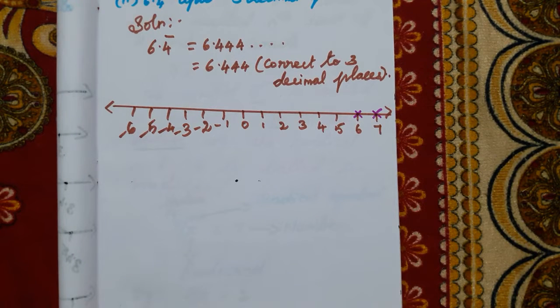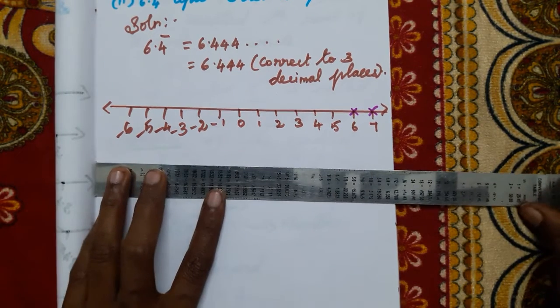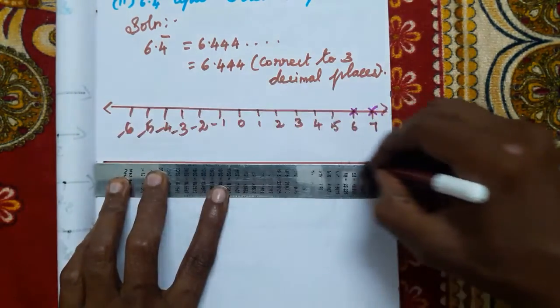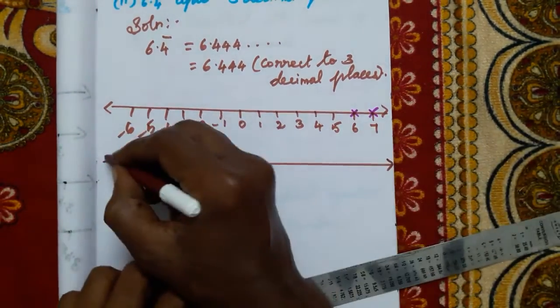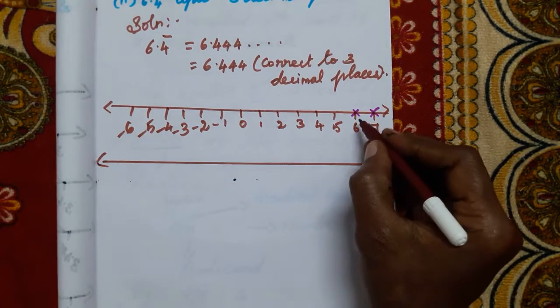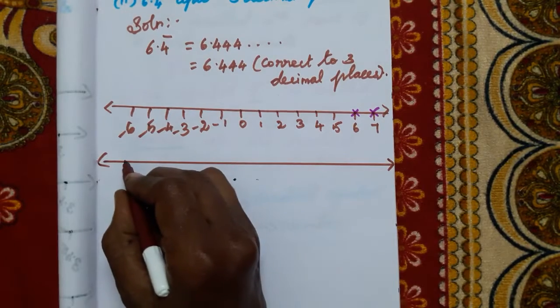Next, again we have to draw a number line. Start from 6.